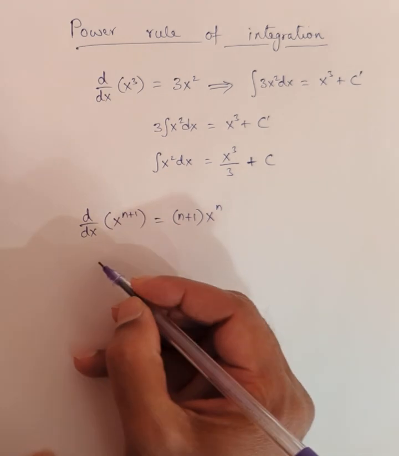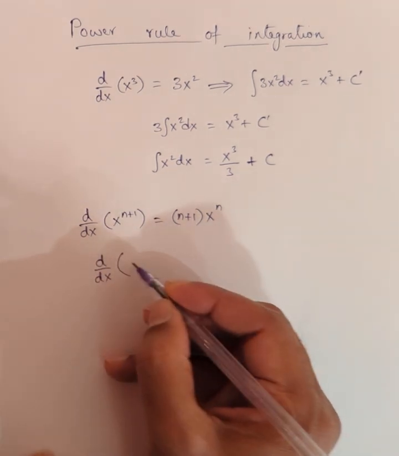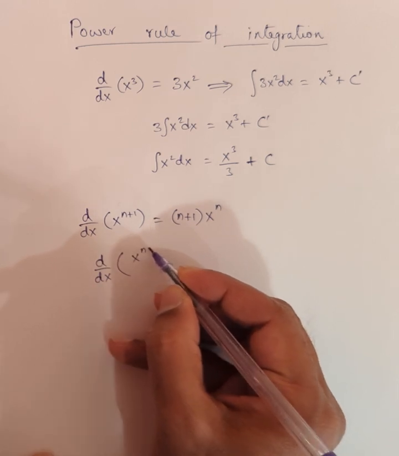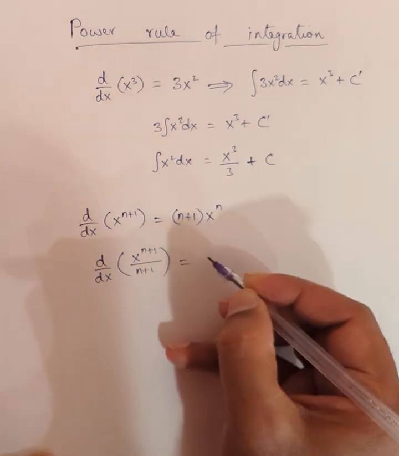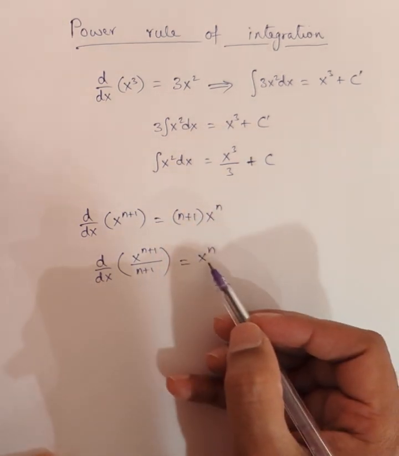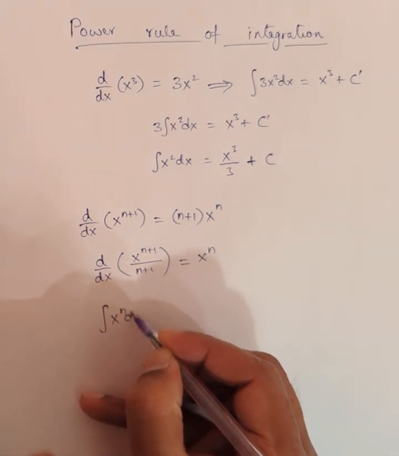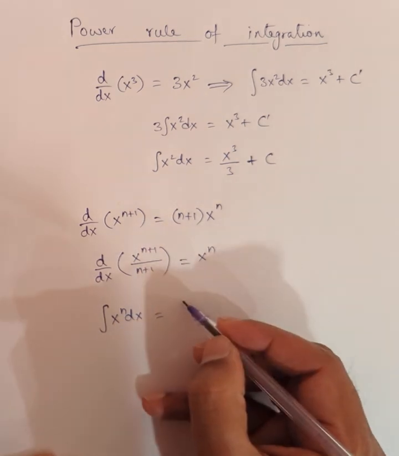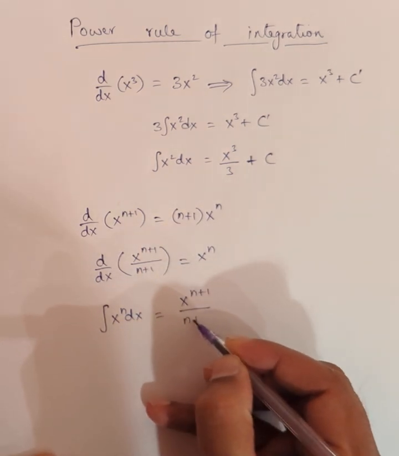So if you were to start with, and since it's a constant, you can take it inside the derivative, x to the n plus 1 over n plus 1 would give you x to the n. So now you can say that the integral of x to the n would be x to the n plus 1 divided by n plus 1.